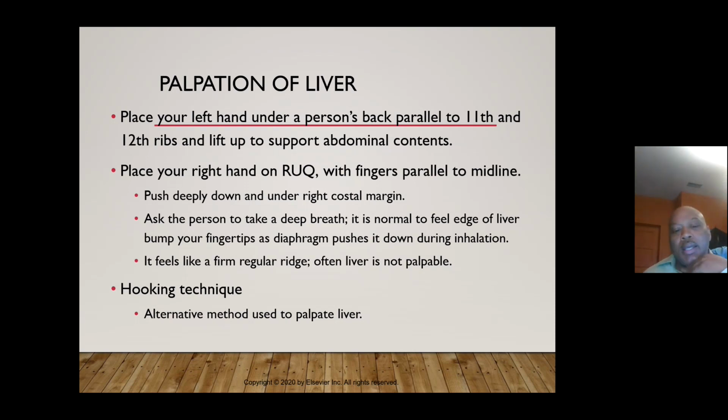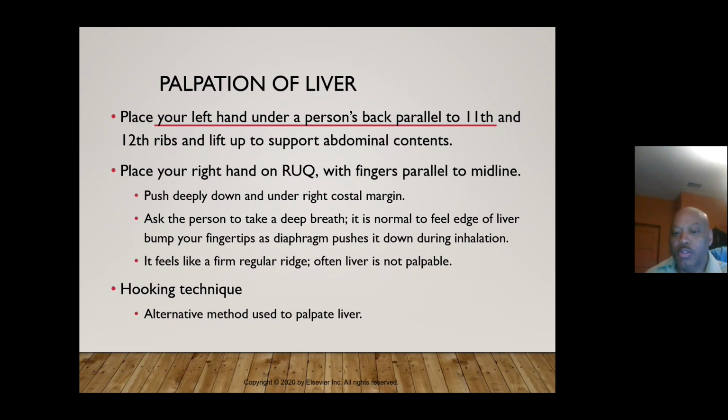Now, except with a depressed diaphragm, the diaphragm that pushes down, when it pushes down, the liver can be palpated more than 1 to 2 centimeters below the right costal margin. So we do have to record the number of centimeters it descends, and also note the consistency, whether it's hard or nodular.